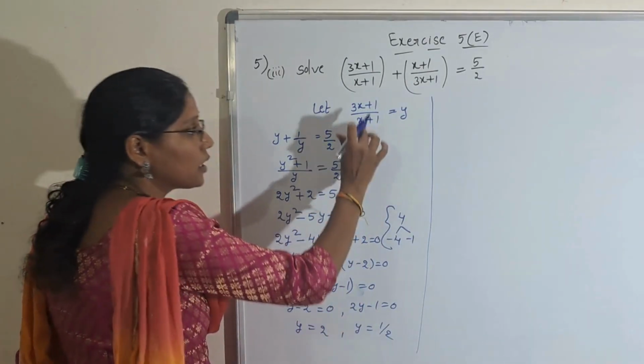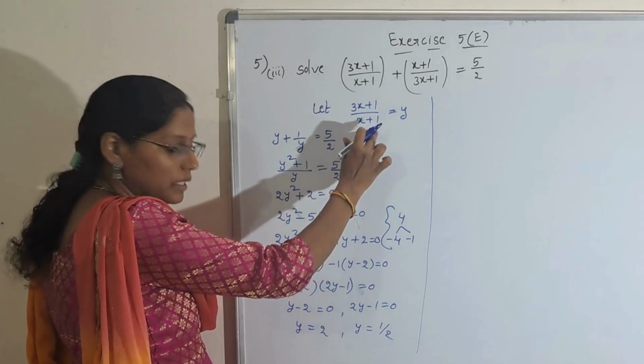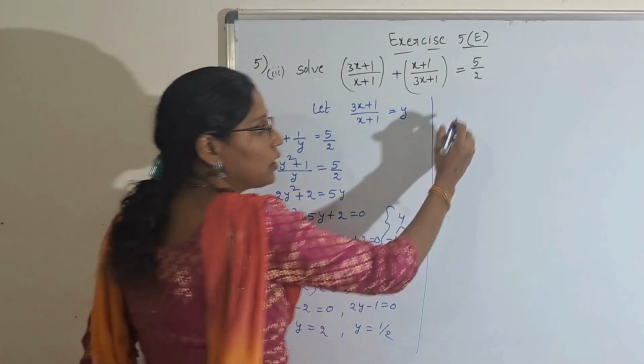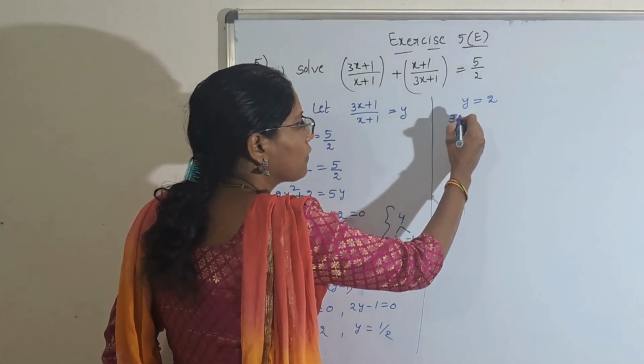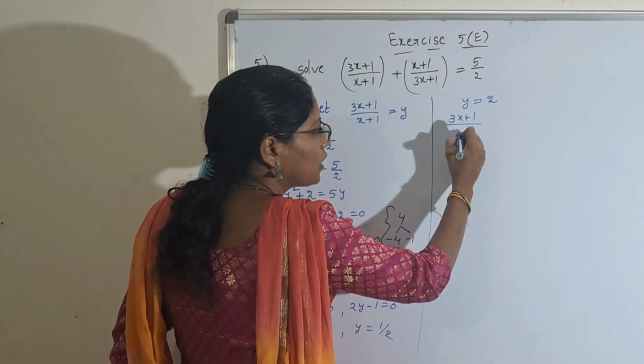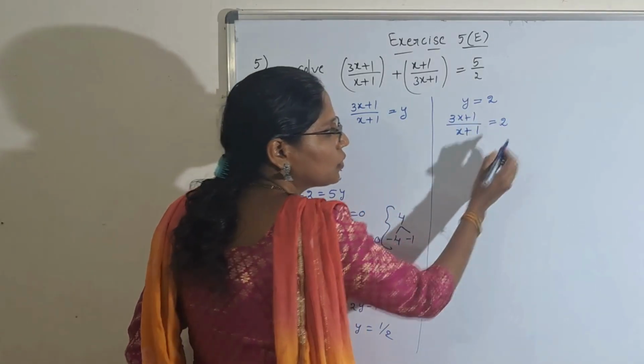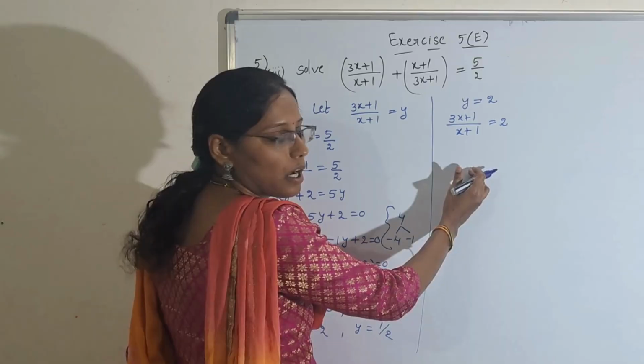But the y value is (3x plus 1) by (x plus 1). First we have to consider this one. y is equal to 2. Substitute the y value: (3x plus 1) by (x plus 1) equal to 2. Here cross multiplication we have to do.